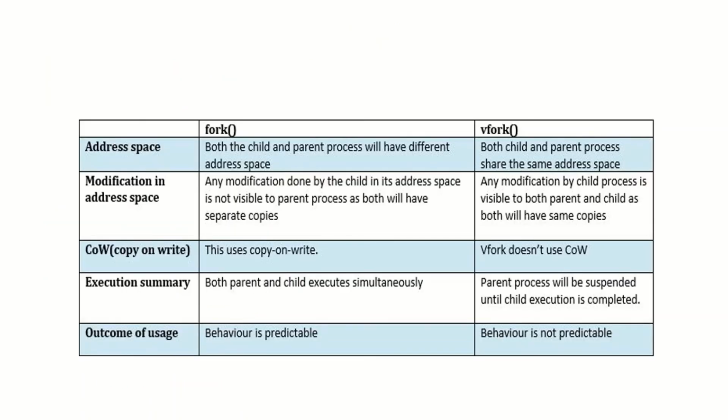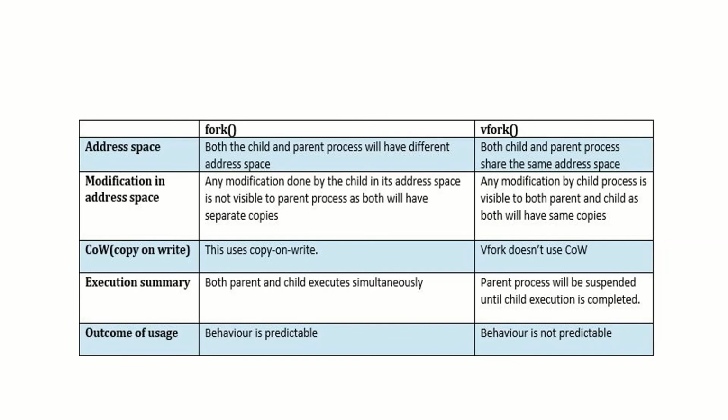Okay, in this slide we have discussed a few points. What is the main difference between fork and vfork function at the time of execution of both the functions? What is the address space required for fork function and vfork function?